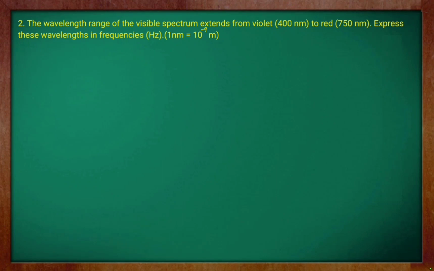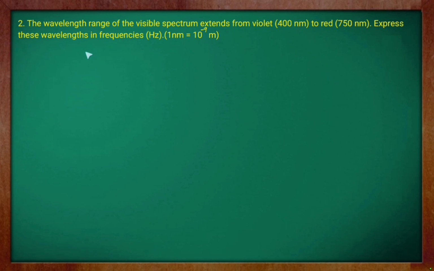Second question: the wavelength range of the visible spectrum extends from violet to red. Wavelength is given as 400 nanometer to 750 nanometer. Express these wavelengths in terms of frequencies in Hertz. They have also given 1 nanometer is 10 to the power minus 9 meter.